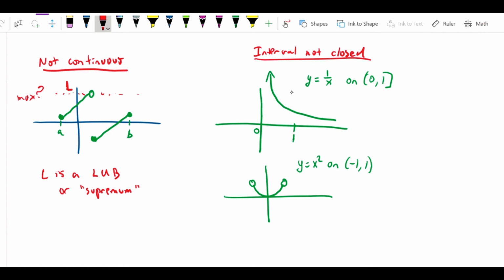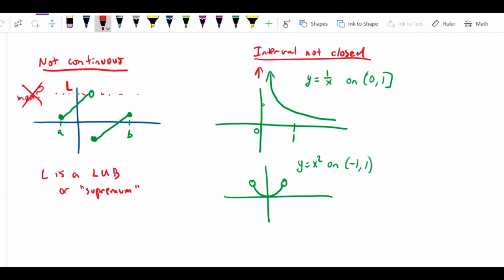This function, as we approach 0 from the positive side, goes all the way up to infinity. It never achieves any maximum value because any number that I put in as the maximum, I can always get a little bit closer to 0 and get an even higher value. That's what it means to say that this function is approaching infinity as it approaches 0 from the positive side.